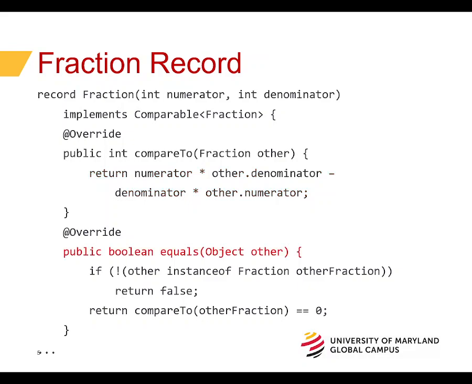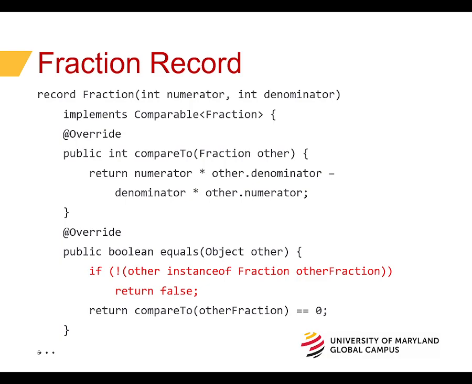Overriding equals is important too, because fractions do not have to be identical to be equal. Because we are overriding a method from object, the parameter type must be object, unlike what we were able to do with compare_to.